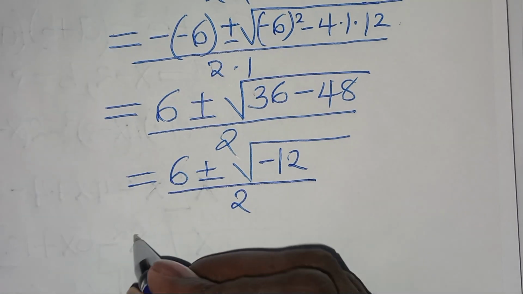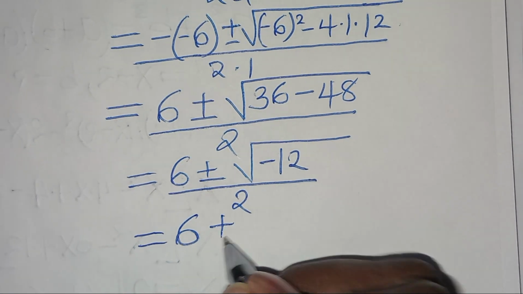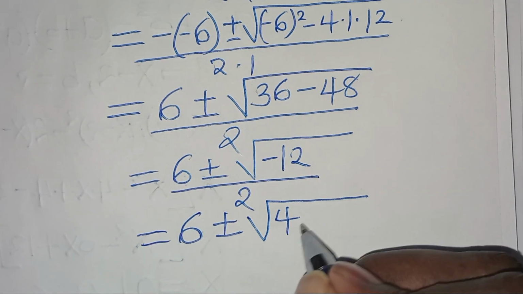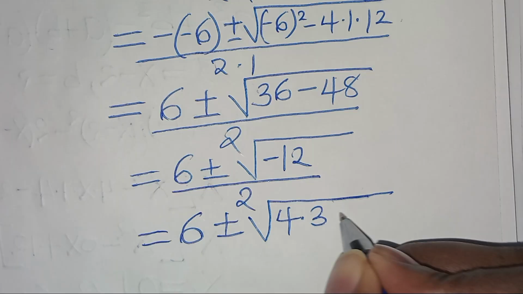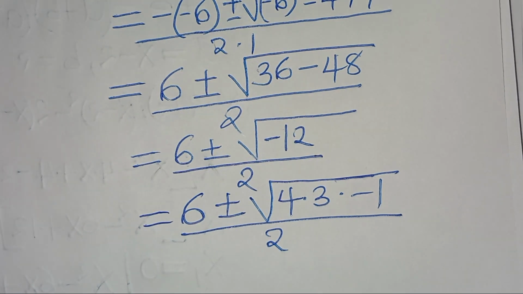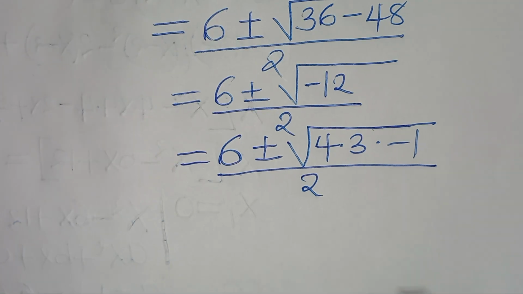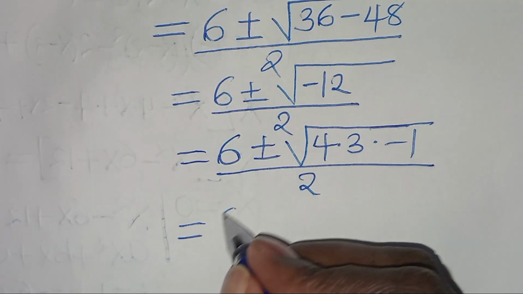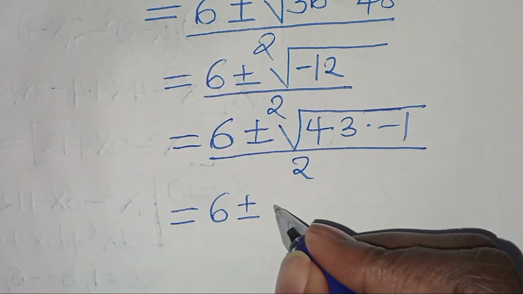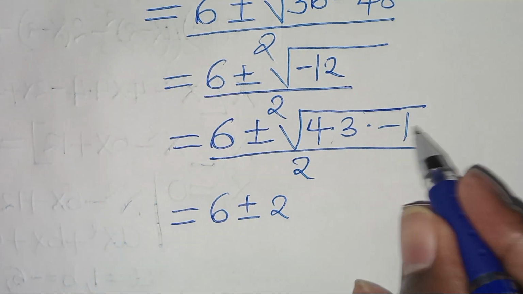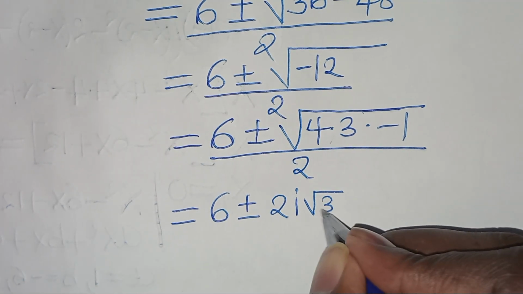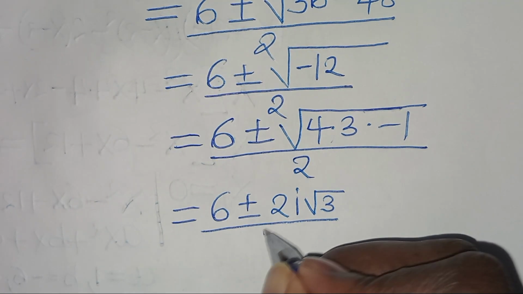So this implies that here we have 6 plus or minus the square root of -12, which can be expressed as 4 times 3 times -1, everything here divided by 2. So this implies that here we have 6 plus or minus the square root of 4, which is the same thing as 2, times the square root of -1, this is i, then square root of 3, everything here divided by 2.